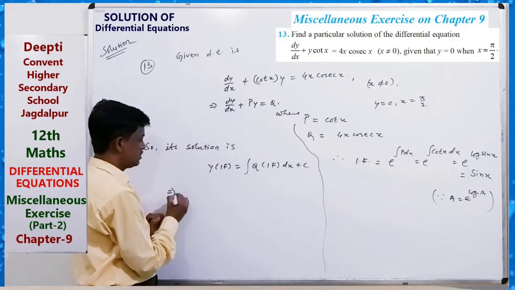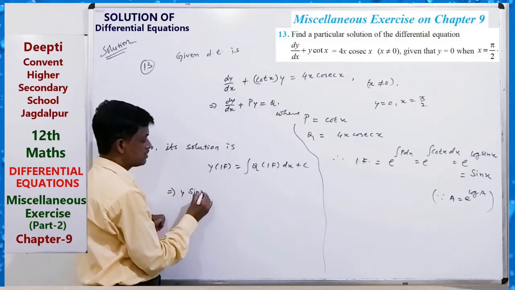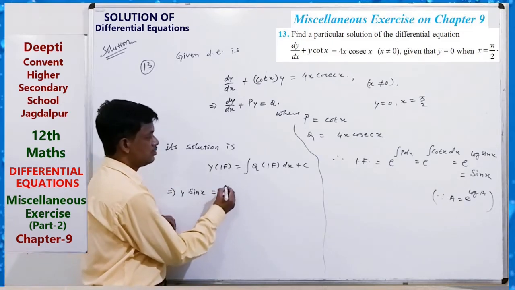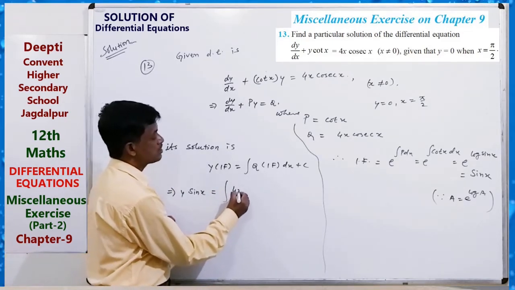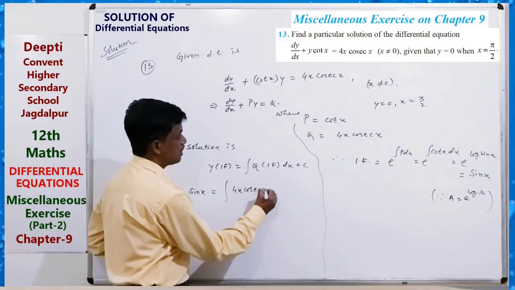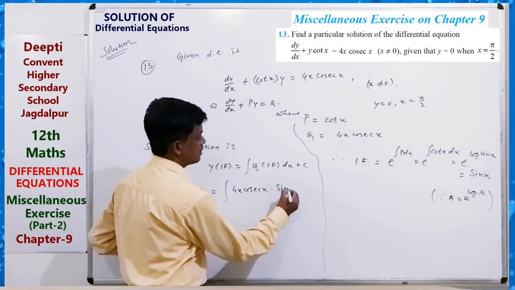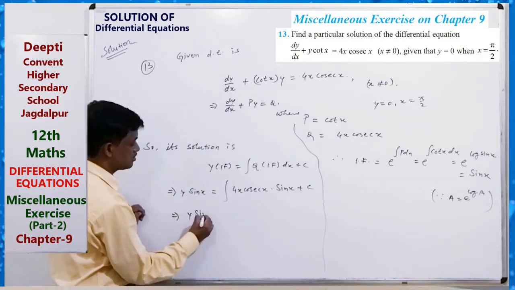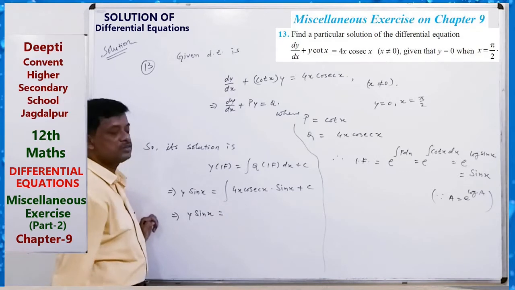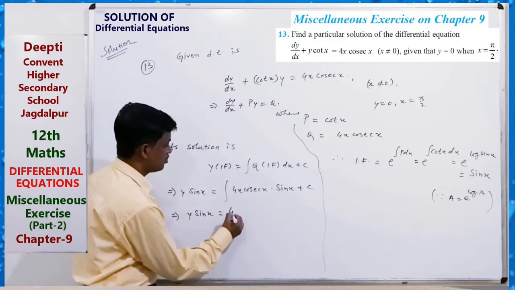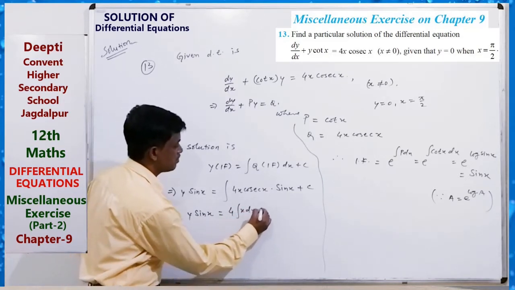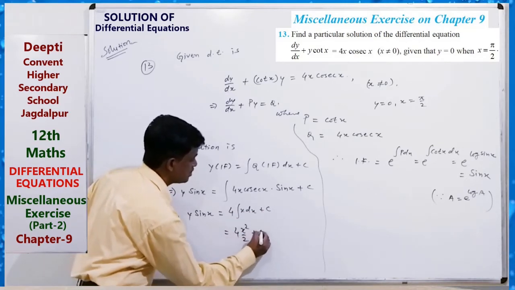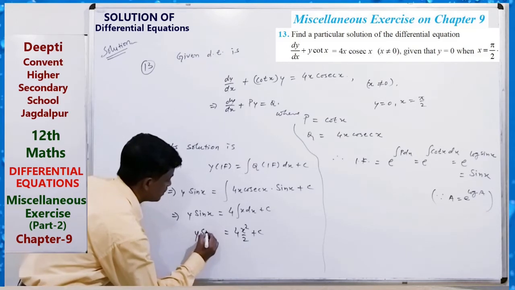So y into sin x equals integration of 4x cosec x into sin x plus c. So this is y sin x equals integration of 4x dx plus c, since cosec x into sin x is 1. This equals 4x square by 2 plus c.